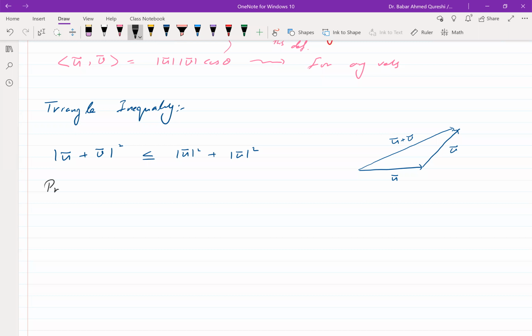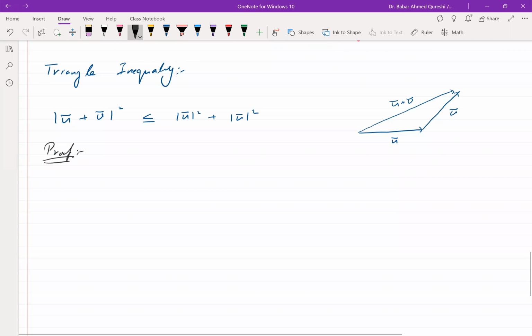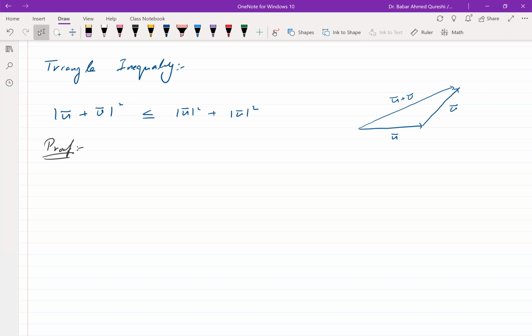So how do I prove it? So this thing, whole square, by definition, it's just the scalar product of this vector with itself. Now I just open it up.